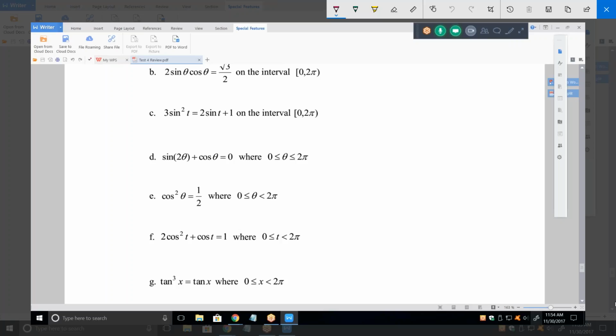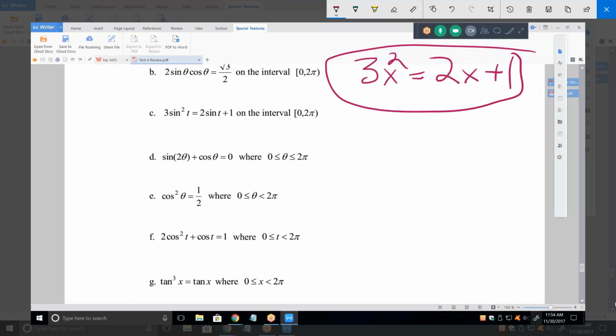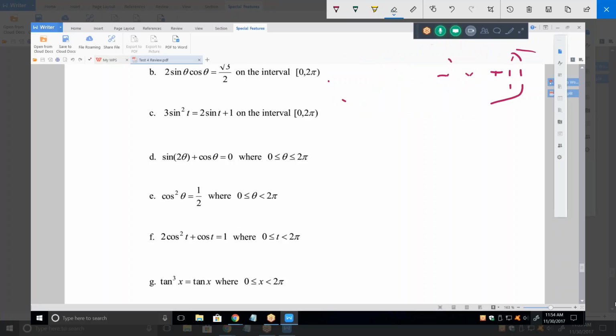If I wrote this, and I said solve for x, you would say, well, that's a quadratic. I'm going to put everything on one side, I'm going to put 0 on the other, and I'm going to solve for x. Trig, no different. Just because it's a trig function, treat it like it's a polynomial x.